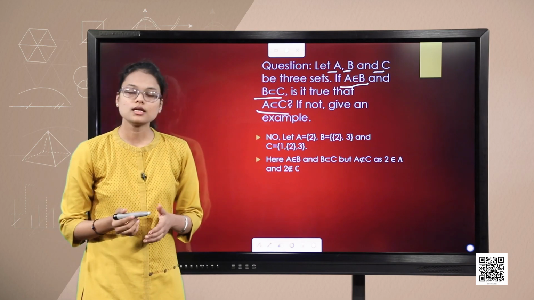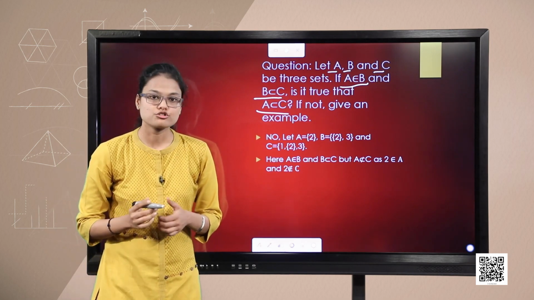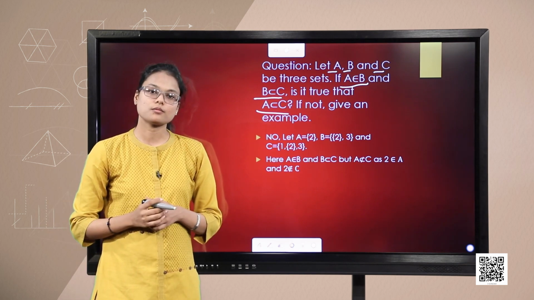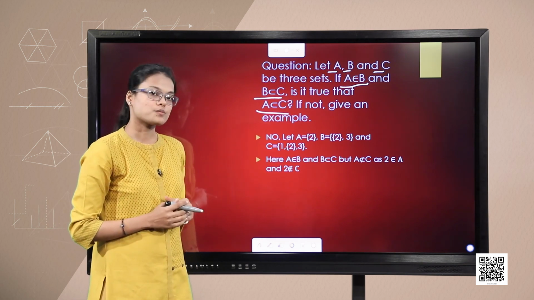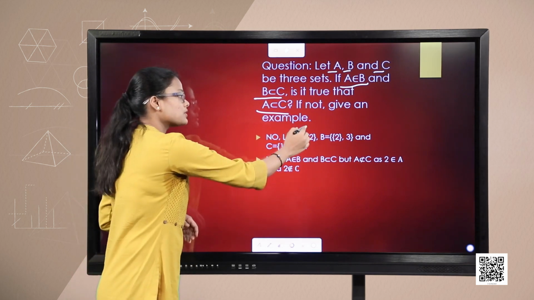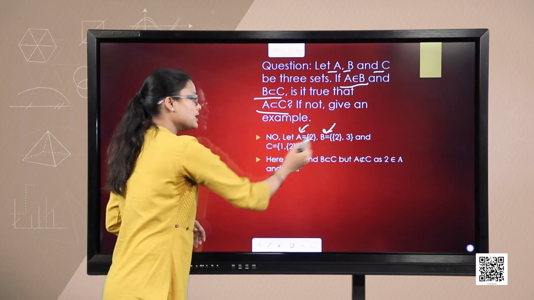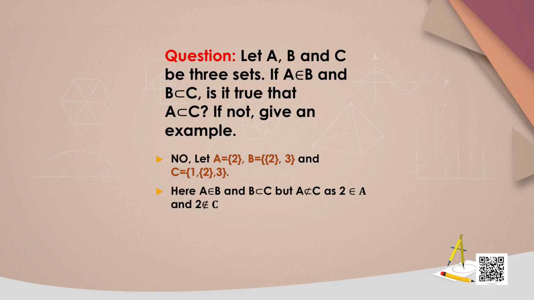Yes, you may see that it is not true. So, let us take an example and see why it is not true. Here we have taken 3 sets A, B and C. A is a singleton set consisting of a single element 2.